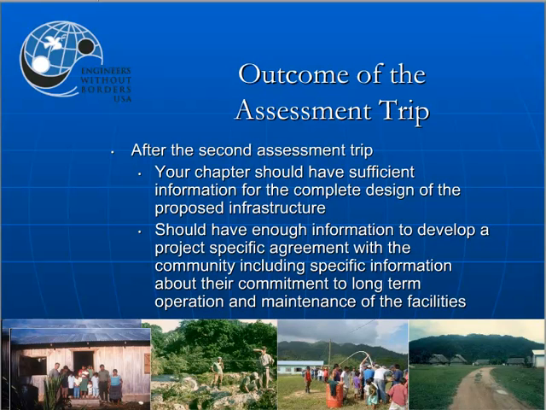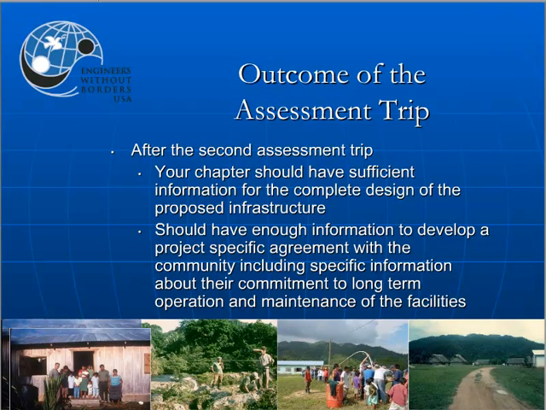And you should have enough information to develop the project-specific agreement with the community, including information about their long-term operation and maintenance of the facilities. So now you may have a framework memorandum of understanding, and now you're getting much more into the nuts and bolts, and this helps clarify things with the community.